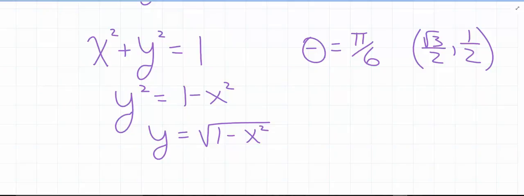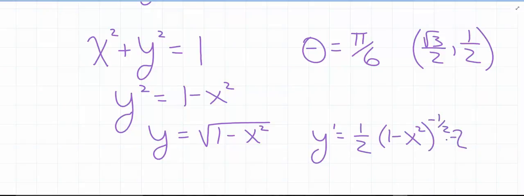Now, I'll differentiate. So I want to find the slope of the tangent. Y prime is equal to 1/2 times (1 minus x squared) to the negative 1/2 times negative 2x. So realize what we did. We differentiated the outside, and then multiplied by the derivative of the inside.